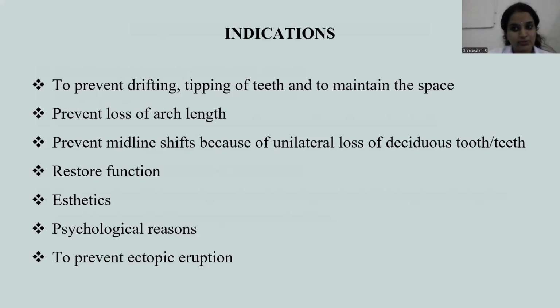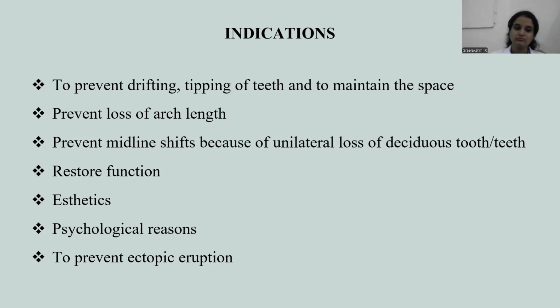Now, coming to the indications. Mainly, the indications of the space maintainer are to prevent the drifting and tipping of teeth, and to maintain the space. It should prevent the loss of arch length, and prevent midline shift because of unilateral loss of deciduous teeth. Mainly, unilateral drifting after canine loss can lead to midline shift.